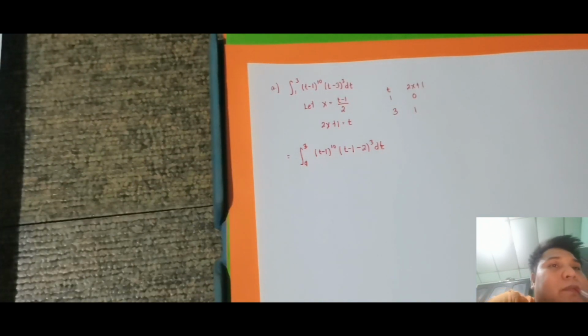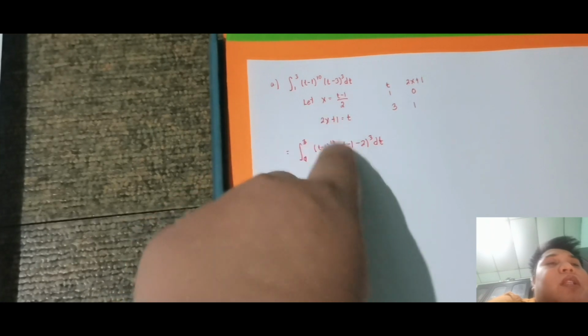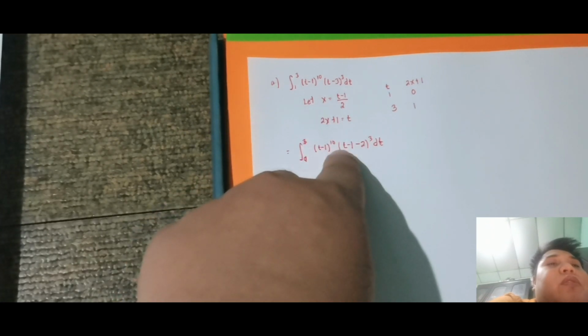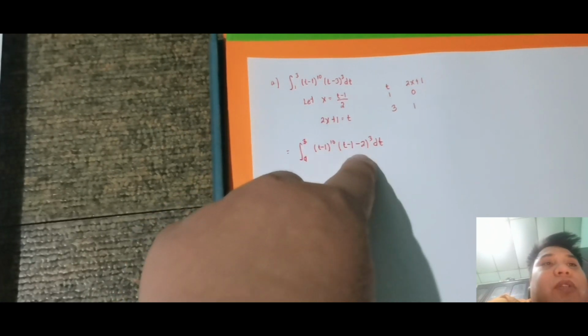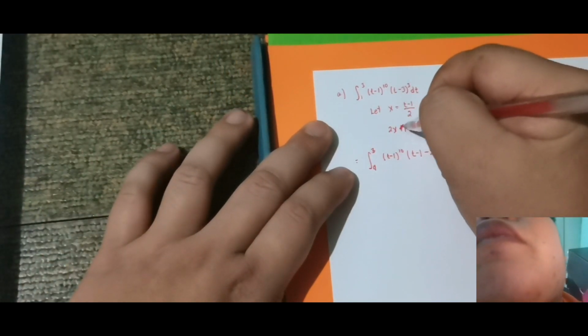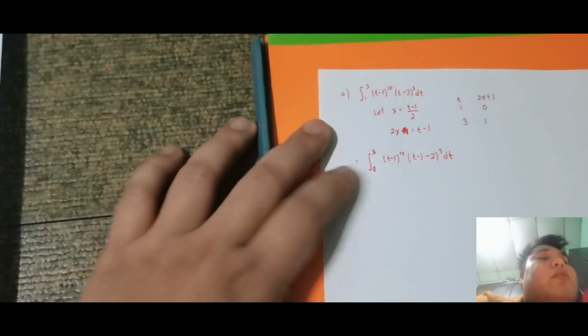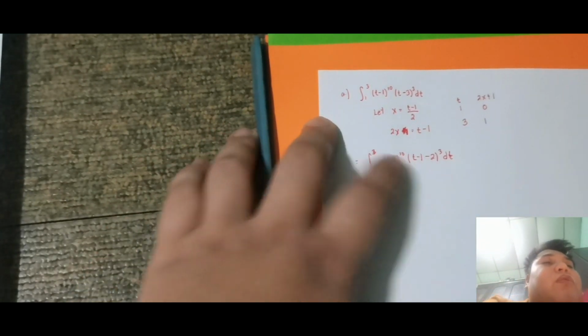Yung t minus 1 na yan, obviously, yung t minus 1 natin is 2x. Tapos yung t minus 3 dito is simply 2x minus 2, no? Kasi mula dito, t minus 1 is equal to 2x.